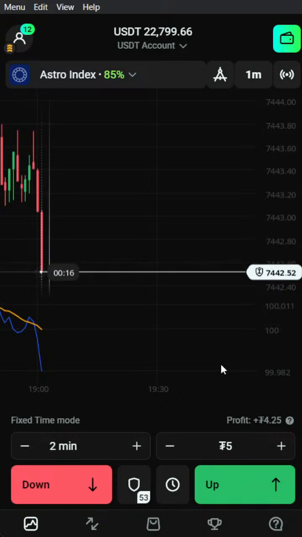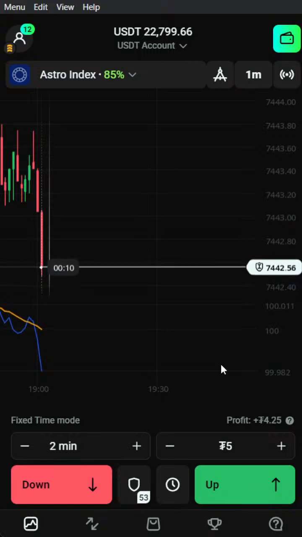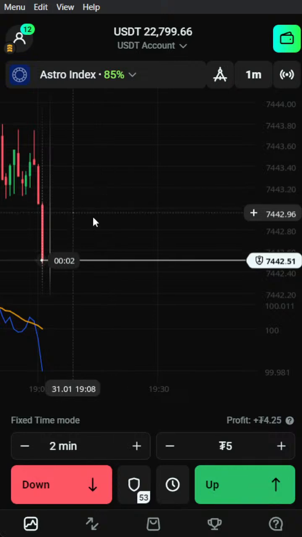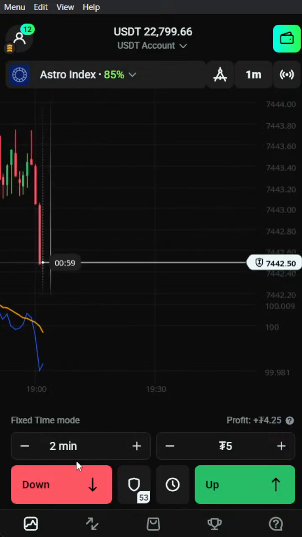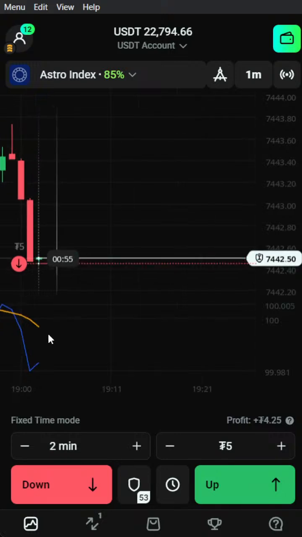Also, in the evening times, guys, there are news releases. You need to keep an eye on the news. If you feel there is some news coming up which can affect the asset, you should avoid trading that asset. For example, I saw a nice steep downtrend here.